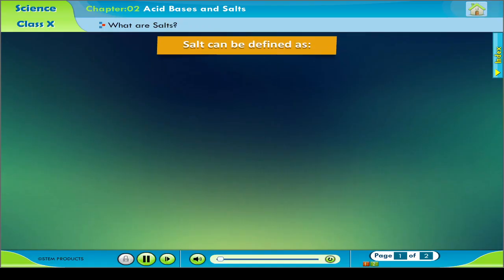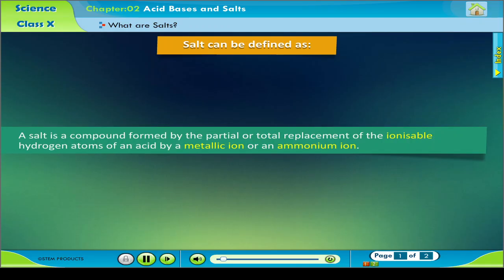Salts can be defined as: a salt is a compound formed by the partial or total replacement of the ionizable hydrogen atoms of an acid by a metallic ion or an ammonium ion.